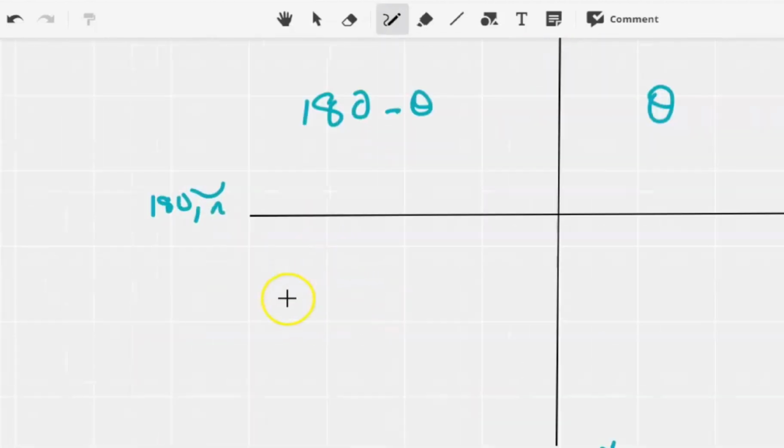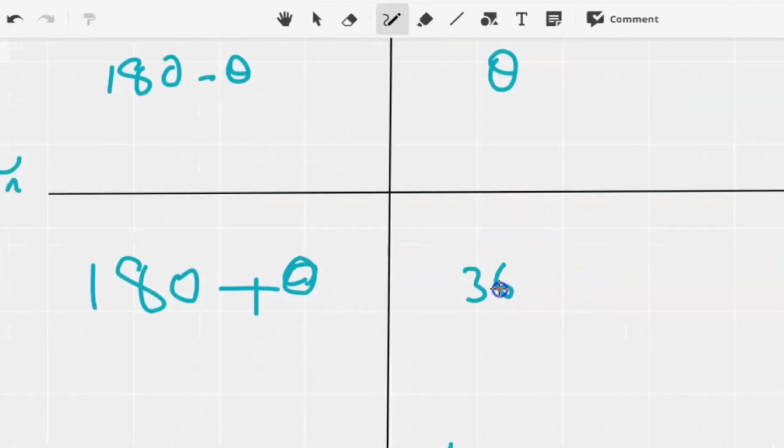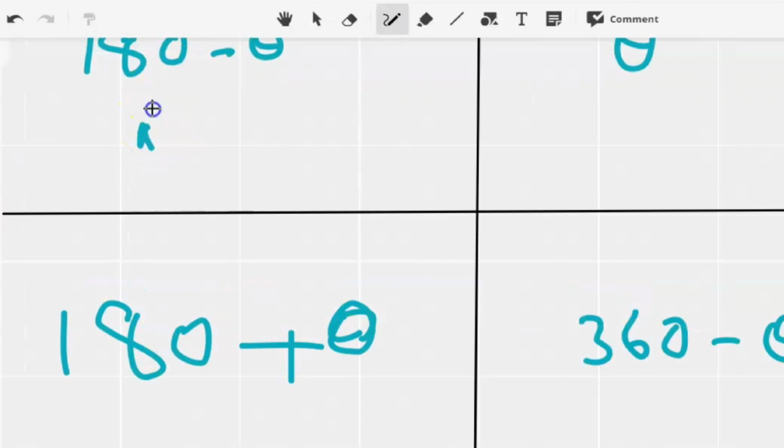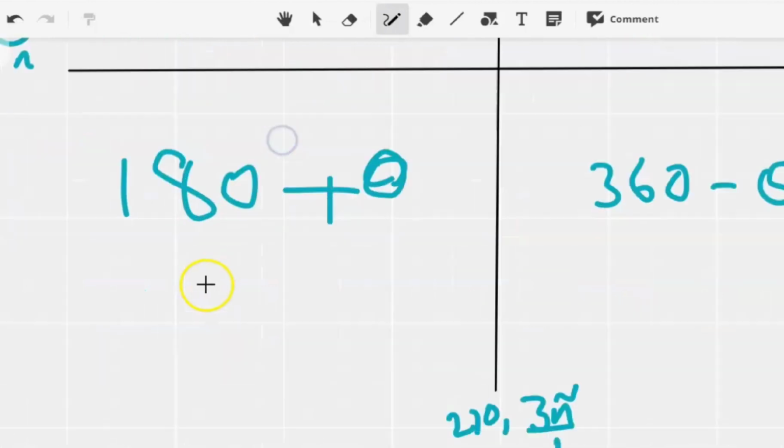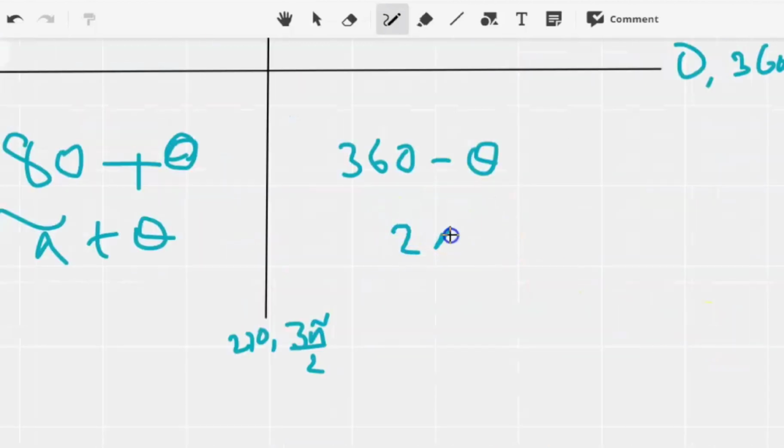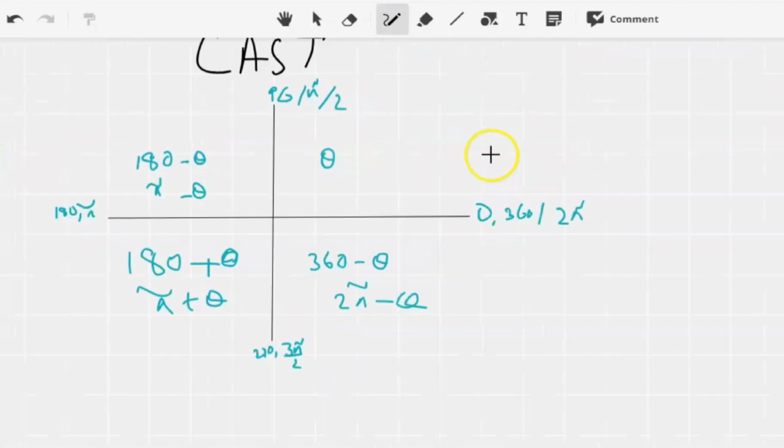So in this one, this is 180 plus theta, and this one is 360 minus theta. Let me write it in radians. So this is pi minus theta, this is pi plus theta, and this is 2 pi minus theta. Okay, now let's do some questions according to this.